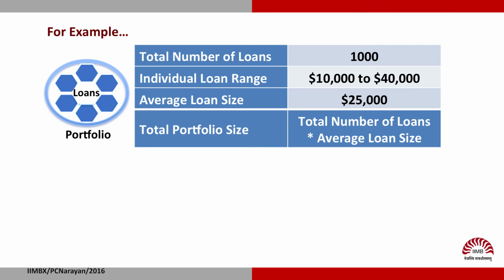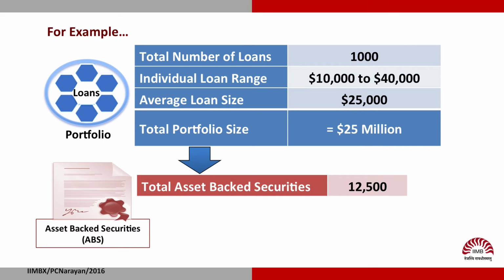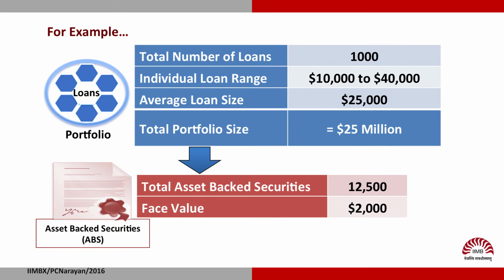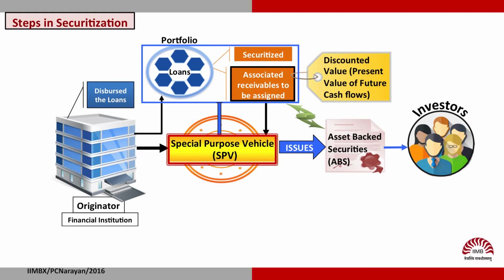This portfolio of 1,000 loans multiplied by the average loan value of $25,000 results in a corpus of $25 million, which is converted into, say, 12,500 asset-backed securities, each with a face value of $2,000. The SPV then issues these asset-backed securities either directly to the investors in the financial markets or back to the originator, who then takes it to the market.